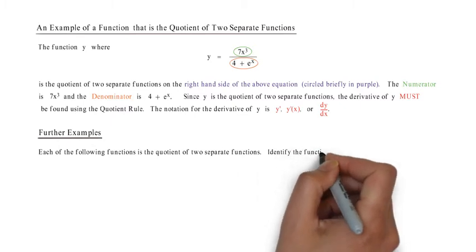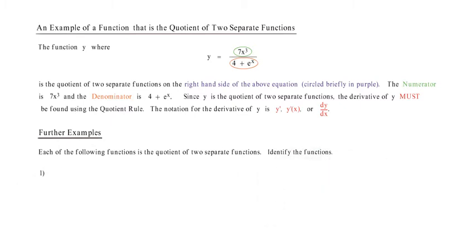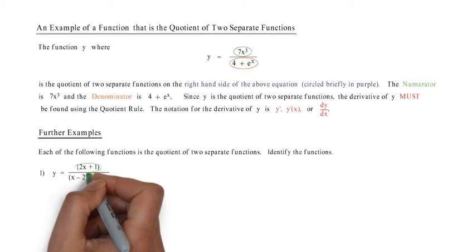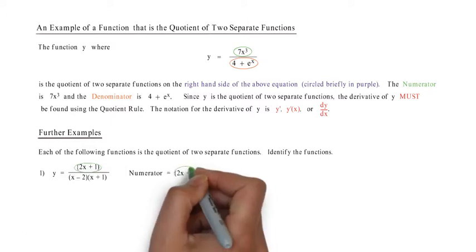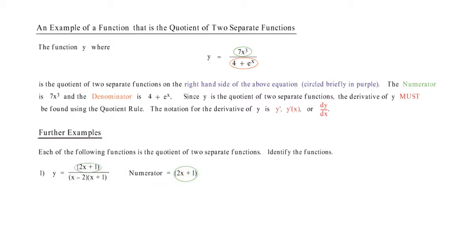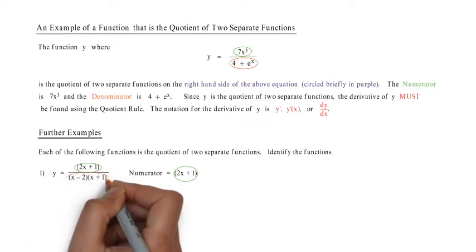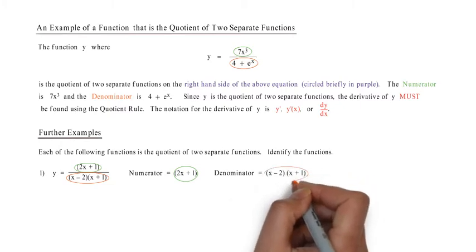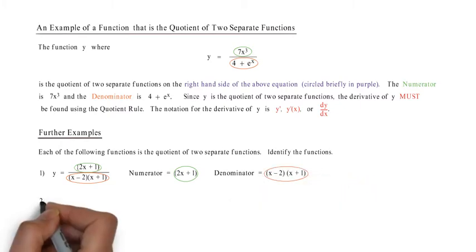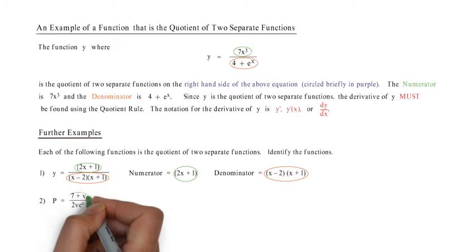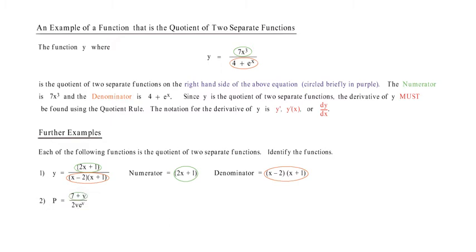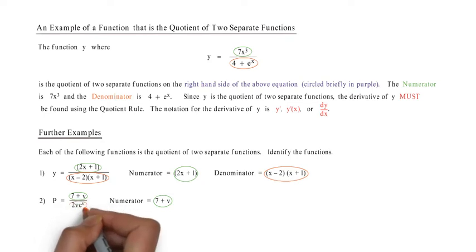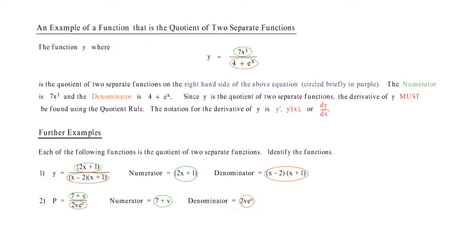Identify the functions. 1. 2x plus 1 is the numerator, and x minus 2 times x plus 1 is the denominator. 2. 7 plus v is the numerator, and 2v times e to the v is the denominator.